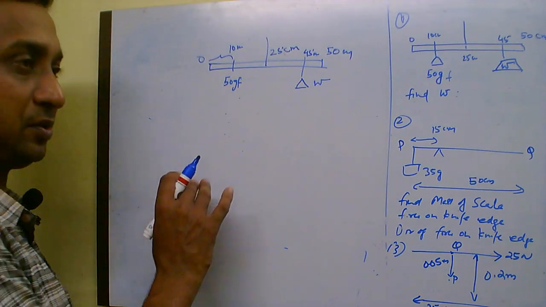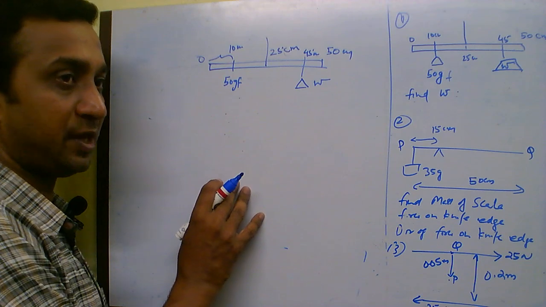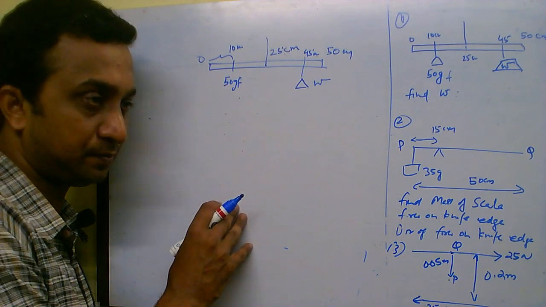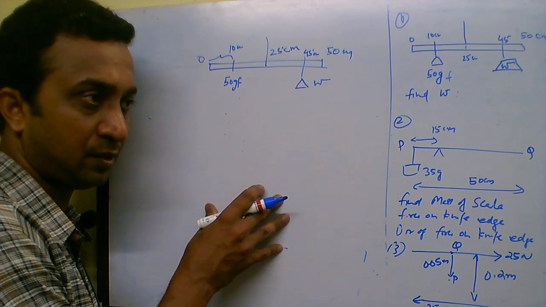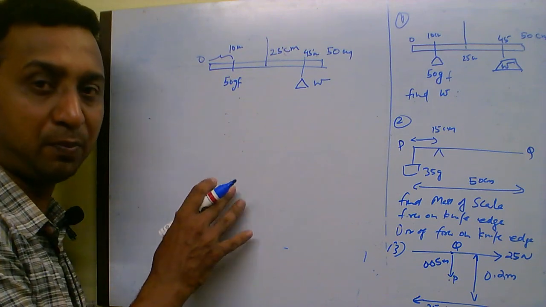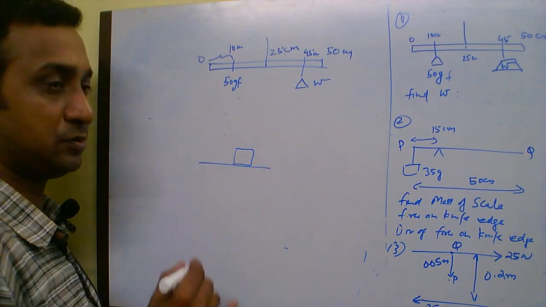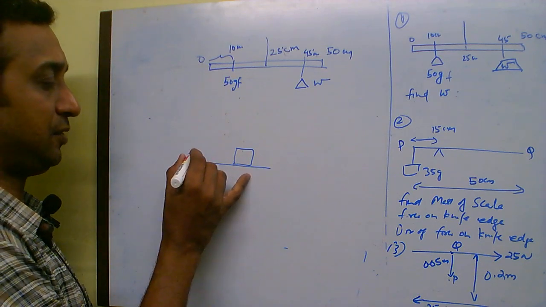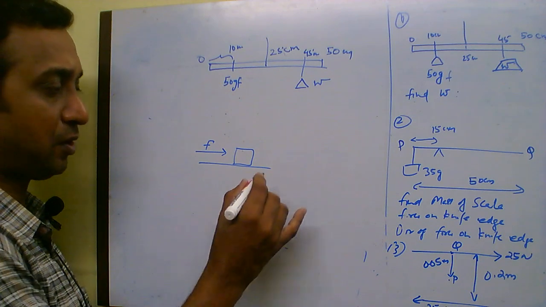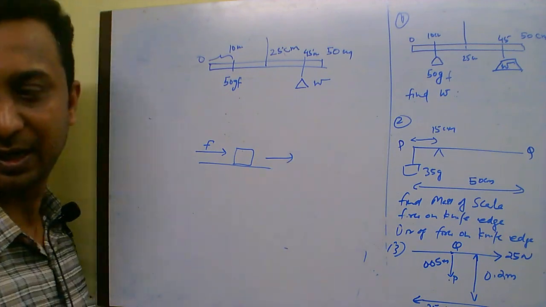So when you come across such problems, you must be aware of what the principle of moment is. Before that, you should know what moment is. For example, assume a body being placed horizontally and you are applying a force over it. Because of that force, the body will have a translational motion.